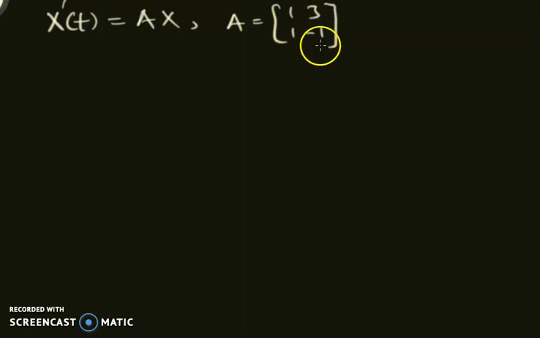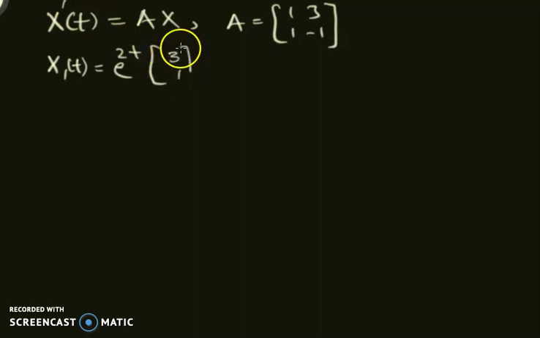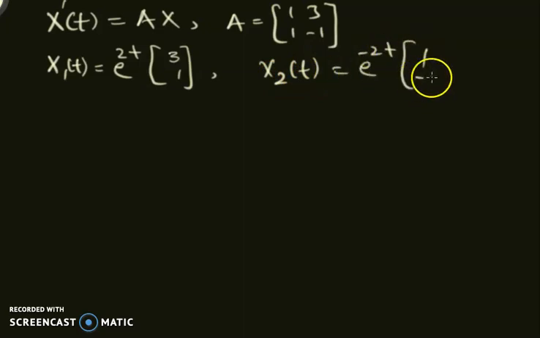So at the end of the day, what we have done so far: we had this system x prime of t equals Ax, with A being [1 3; 1 -1]. We have two solutions: x1 of t equal to e to the 2t times the eigenvector (3, 1), and x2 of t equal to e to the minus 2t times (1, -1).